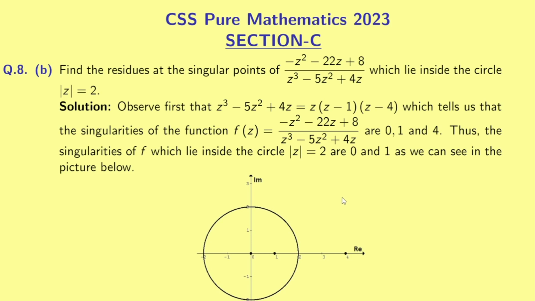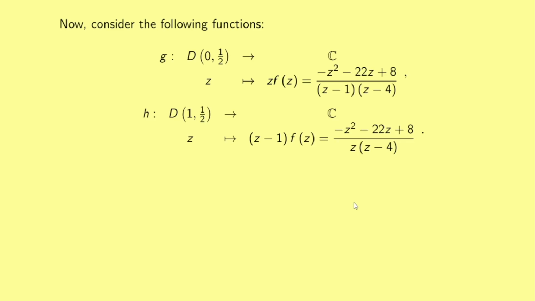Okay, now let us proceed. We have f with this expression here, and we know that this denominator can be factored this way, and we are going to use this to construct two auxiliary functions. So here are the functions. I have this function g defined in the open disk centered at 0 of radius 1/2, which takes z into z times f of z, which has this expression.